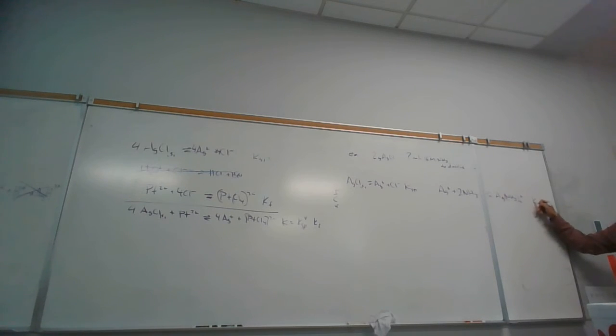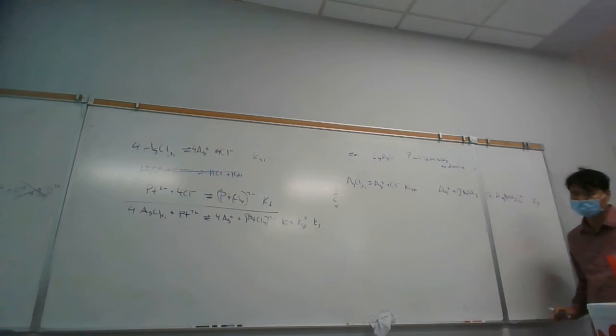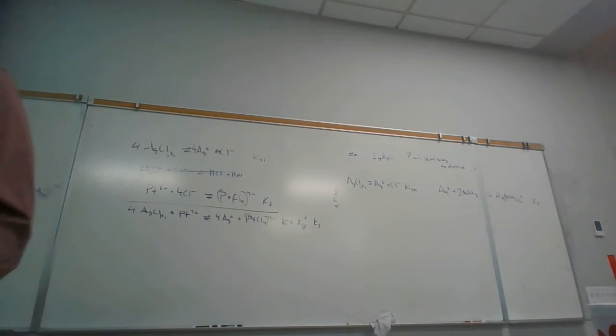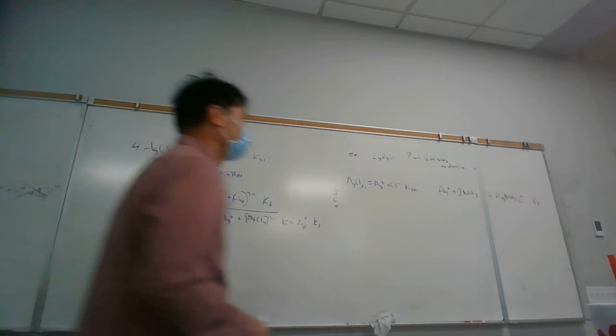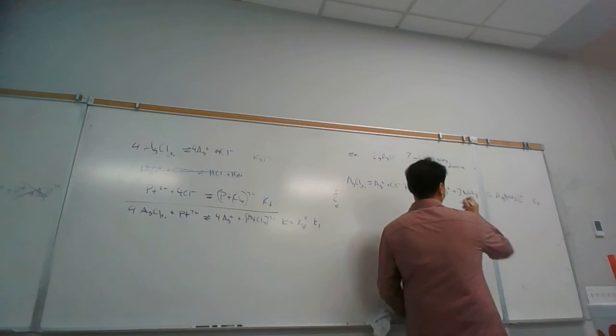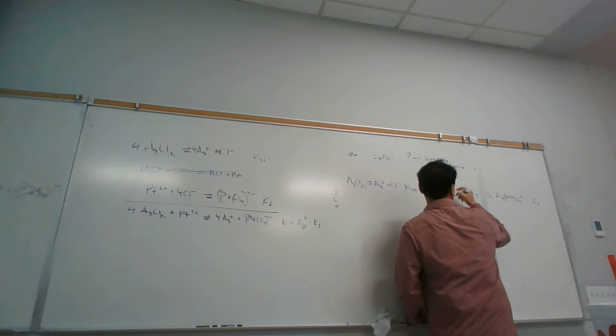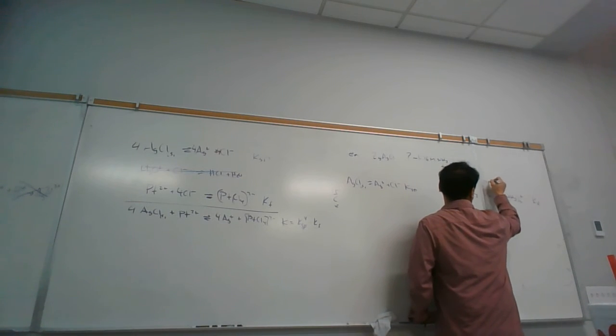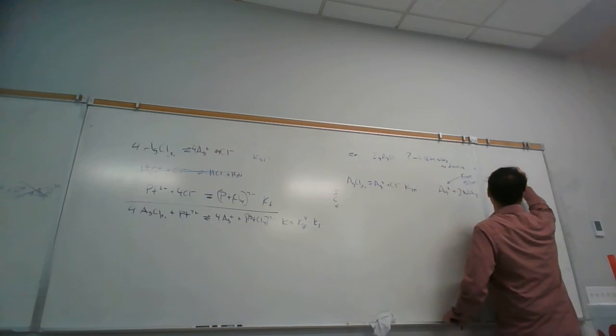This is our KF. Now, one thing is this: we have 2 types of silver here. We have what's called free silver ion and complex silver ion.